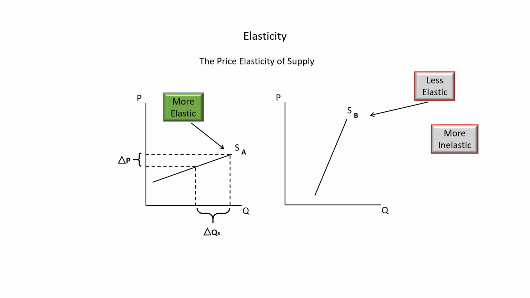On the other hand, supply curve B is less elastic, or more inelastic. A large change in price produces a relatively small change in quantity supplied. As with the demand curve, the flatter of the two supply curves is the more elastic.